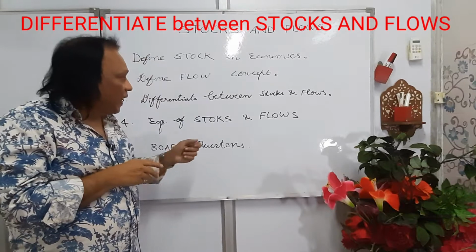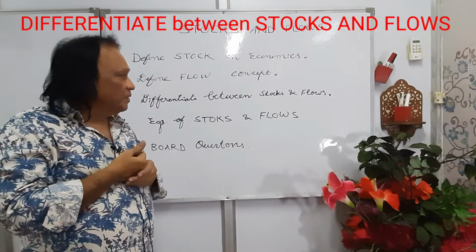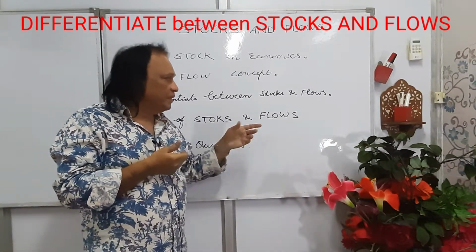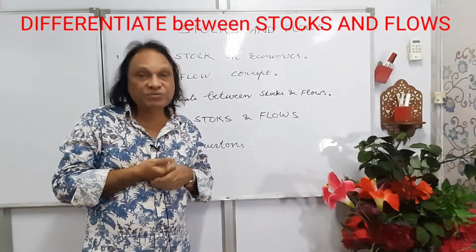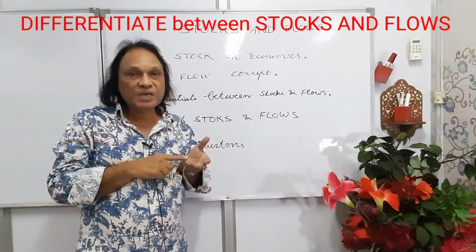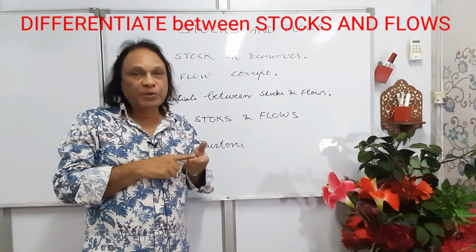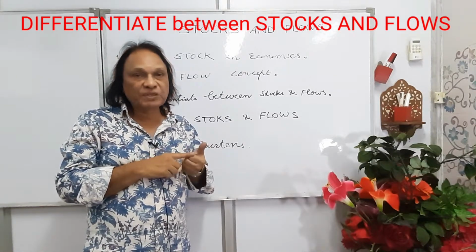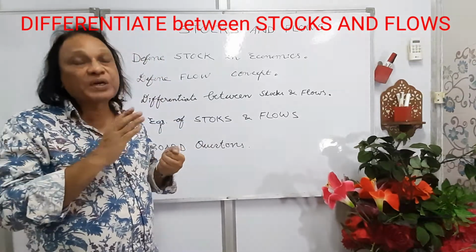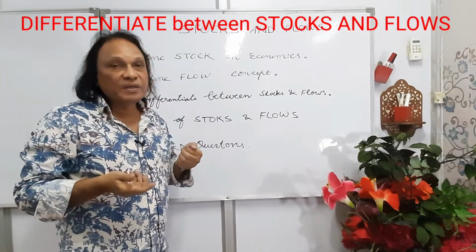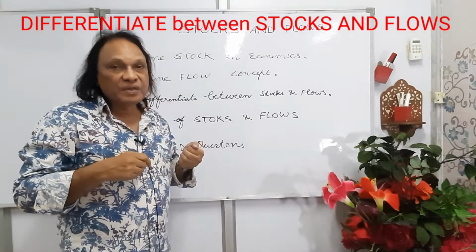Okay, and flow concepts, most of the concepts in macroeconomics are flow concepts. Already we discussed national income is a flow, GDP is a flow, NDP is a flow, GNP is a flow. Depreciation is also flow because it is measured in 1 year.